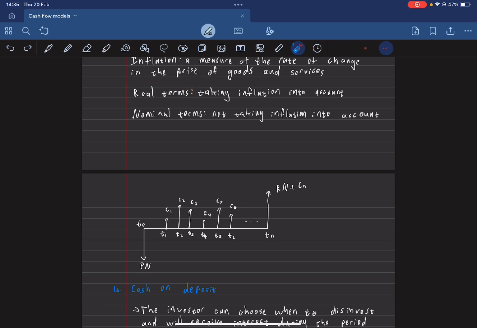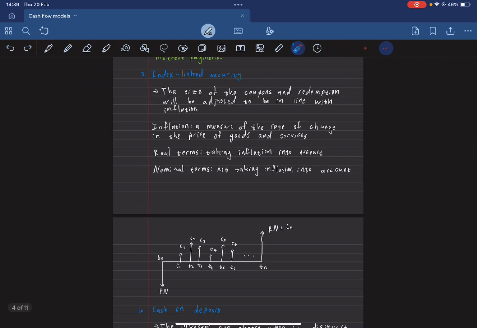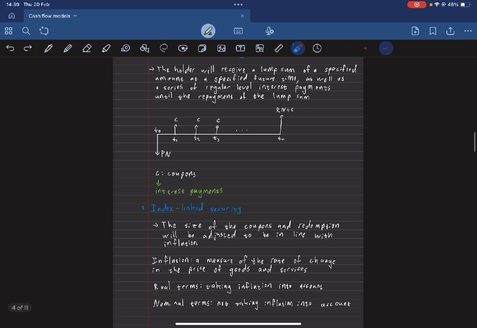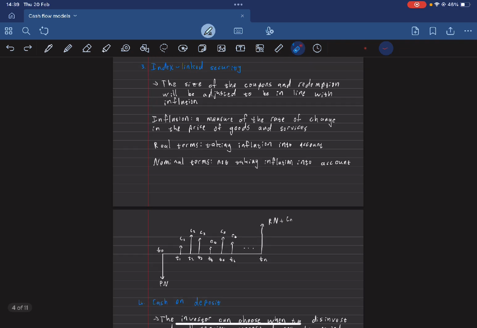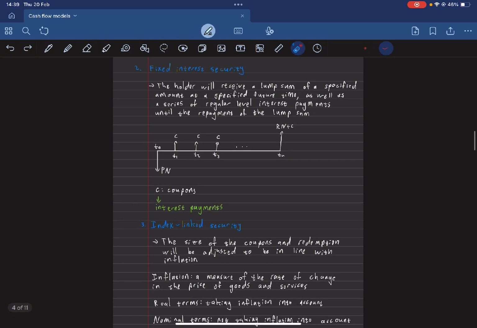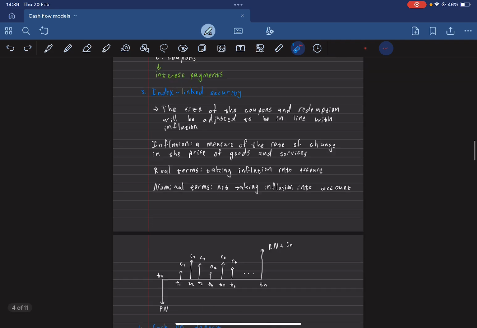And then at the end, you'll get your redemption, which will also be adjusted to be in line with inflation, plus your last coupon. So for an index-linked bond, the coupons and redemption will be the same in real terms, but the nominal amounts will differ. Whereas for a fixed interest security, the nominal amounts of your coupons and your redemption will stay constant, whereas in real terms, this could change due to inflation.